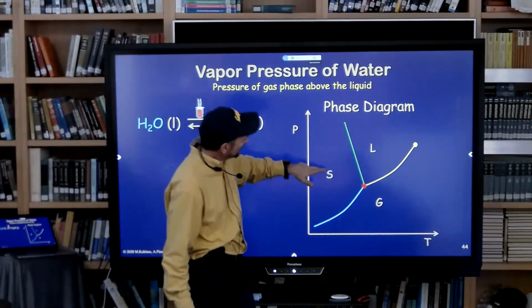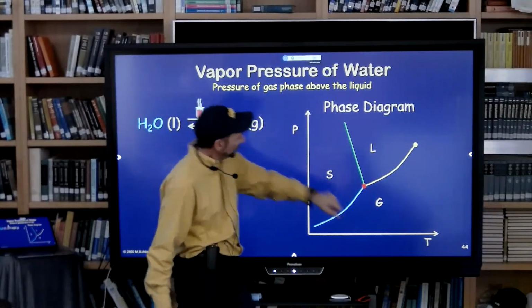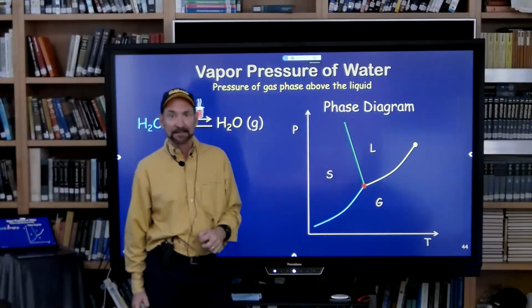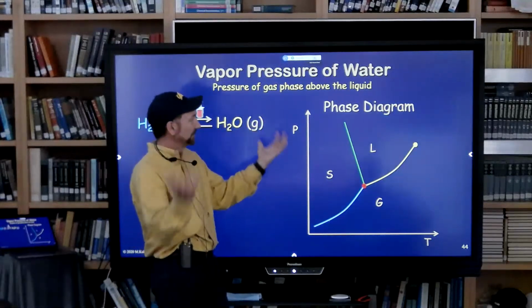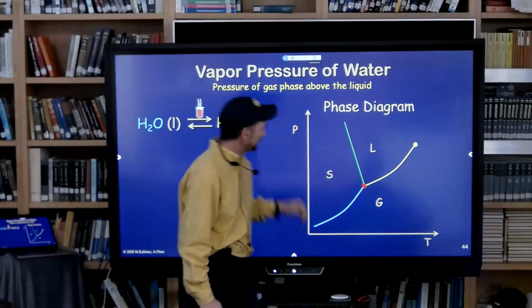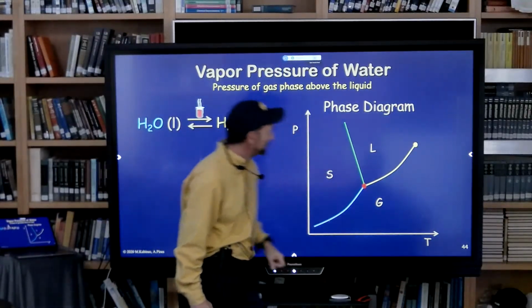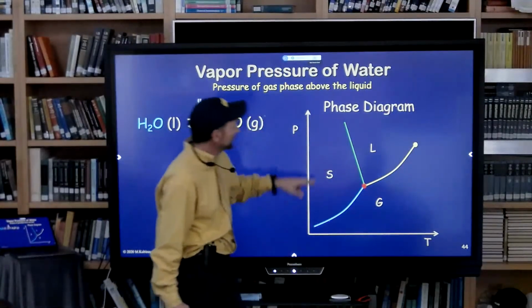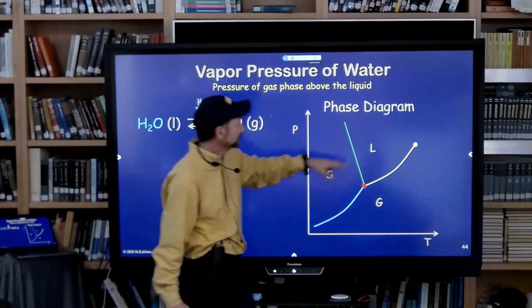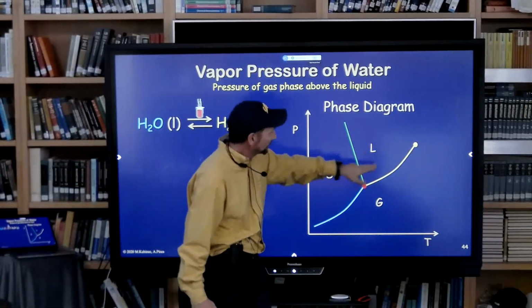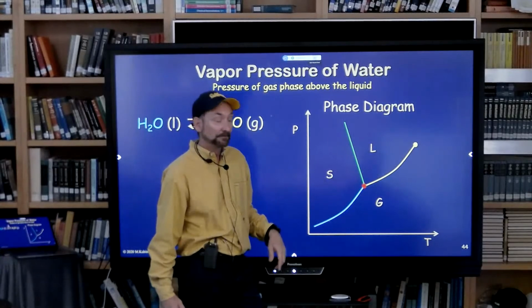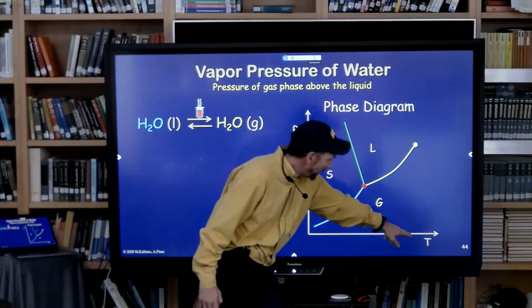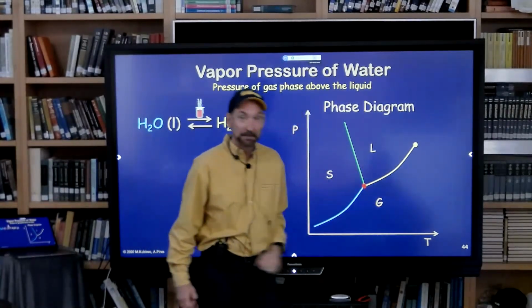So phase diagram, the regions of pressure and temperature space, so another space, we keep looking at these different coordinate systems. High pressures, low temperatures, you'd expect to see the solid. Intermediate, you'd expect to see the liquid. And at high temperatures, low pressures, you'd expect to see the gas.